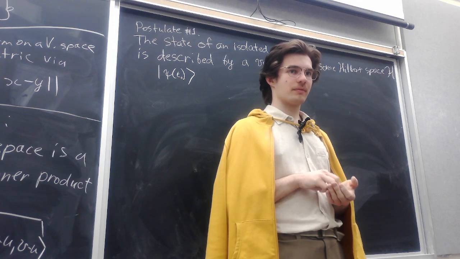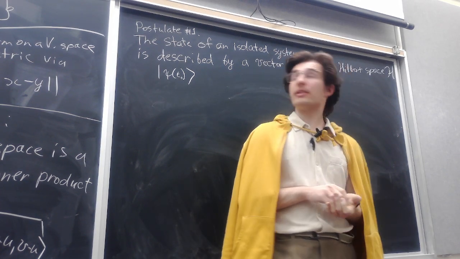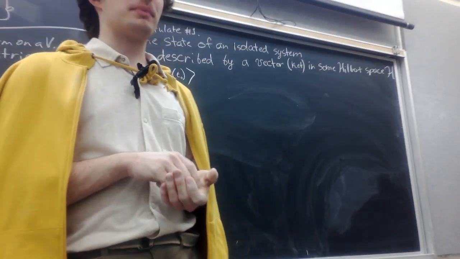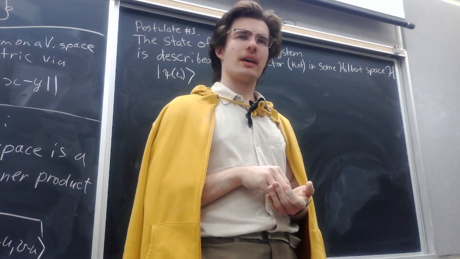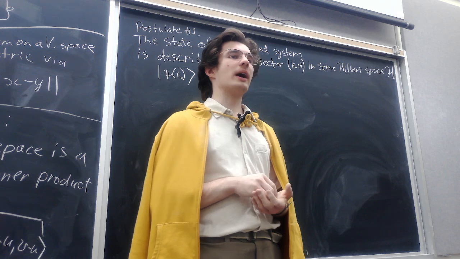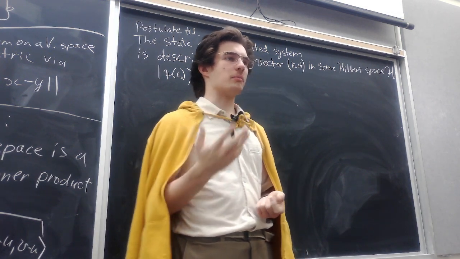So let's maybe think about why the vector space has to be complete, right? Why is that? Well, maybe let's look at a red ball.